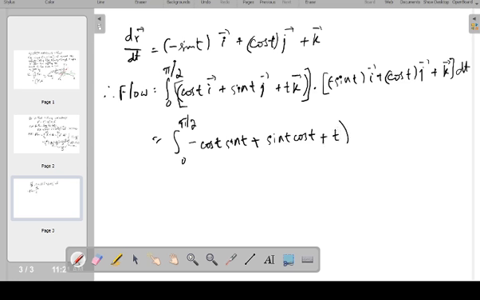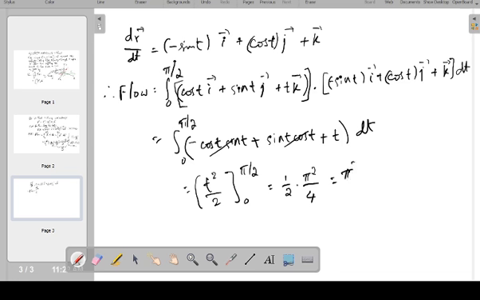So t times dt. This and this cancel. So t square by 2 between the limits 0 to pi by 2. So this is 1 by 2 into pi square by 4. So it is pi square by 8.